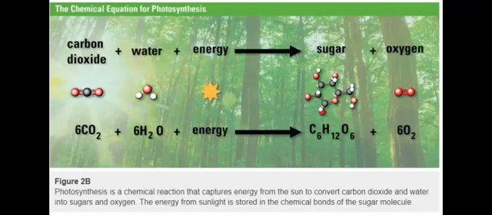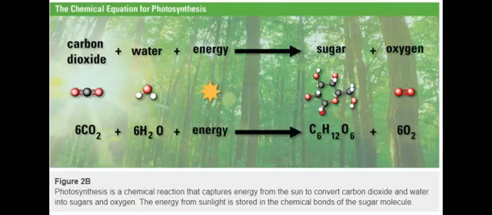In photosynthesis, energy is captured from sunlight and is used to produce sugar molecules from water and carbon dioxide. The chemical equation representing this process is carbon dioxide plus water plus energy yields sugar plus oxygen.